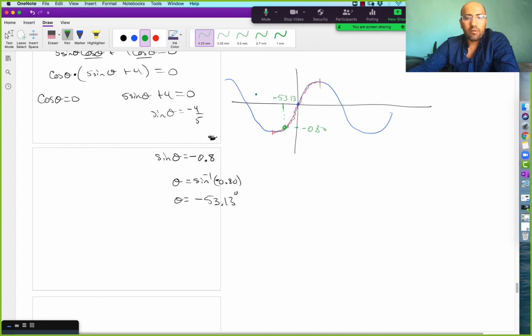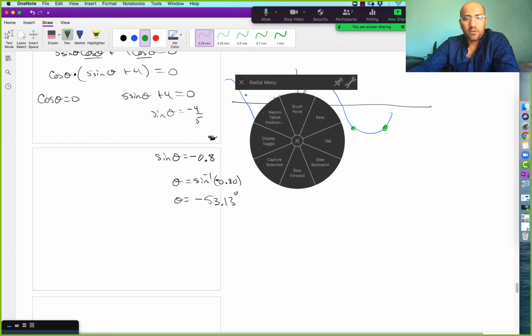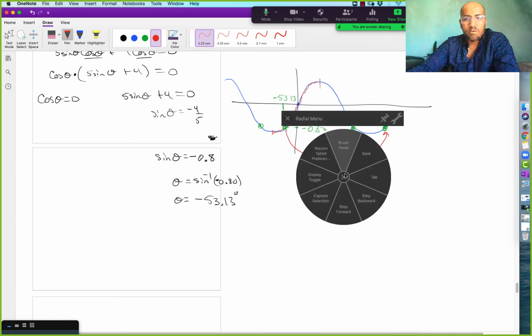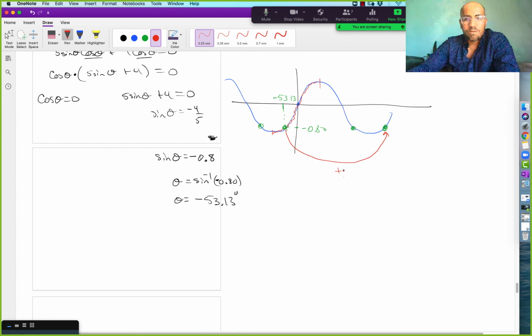If you go across this way, we get to this one, and if you go this way, you get to this one. If we add 360 degrees, we get to this one. And since it's negative, that's going to give us quadrant 4.